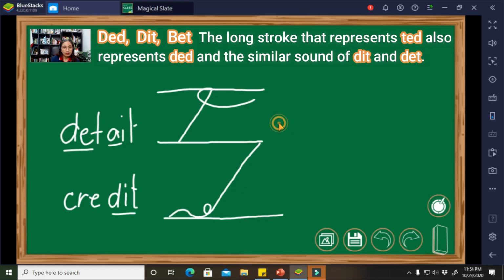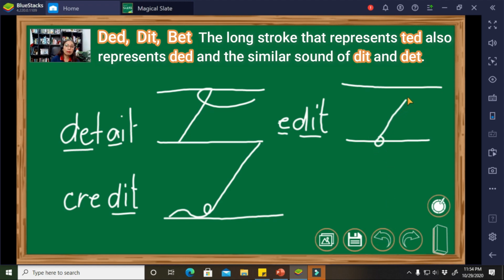Next word, we have the word edit. How are we going to write that in steno? We have E and then the symbol, straight line. So small circle, right? It's small circle, then upward straight line.